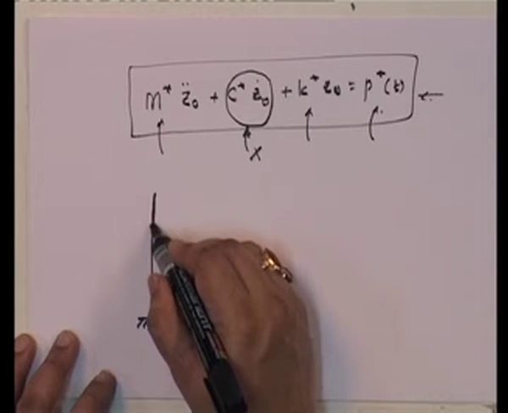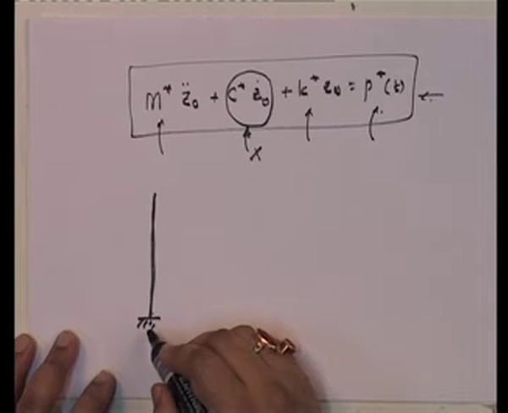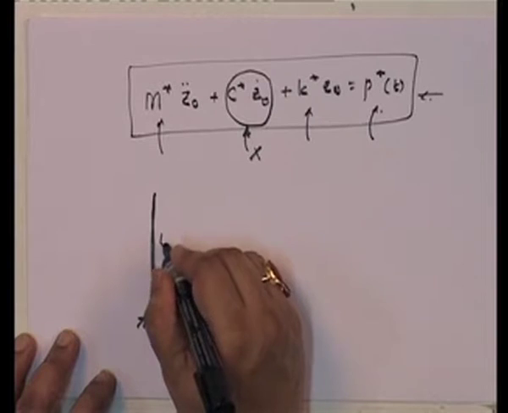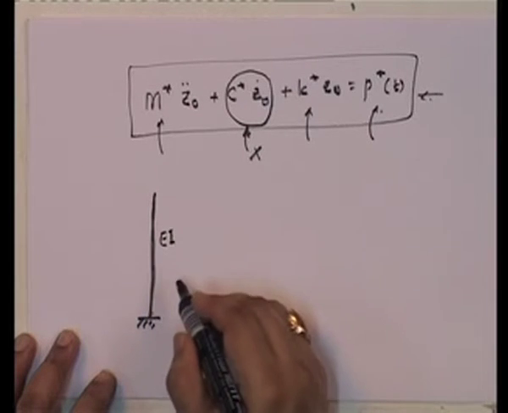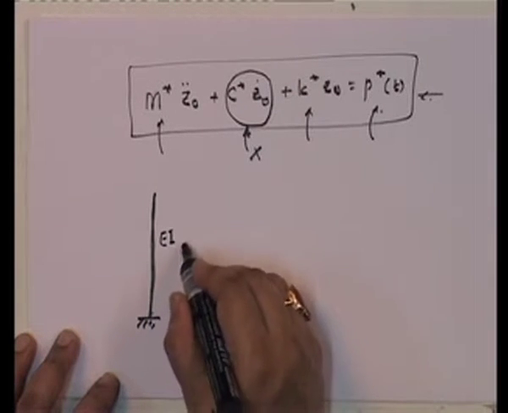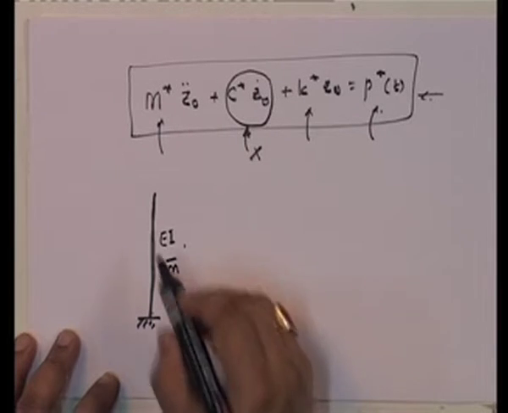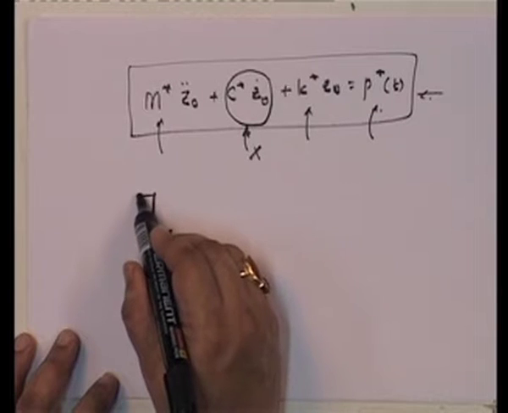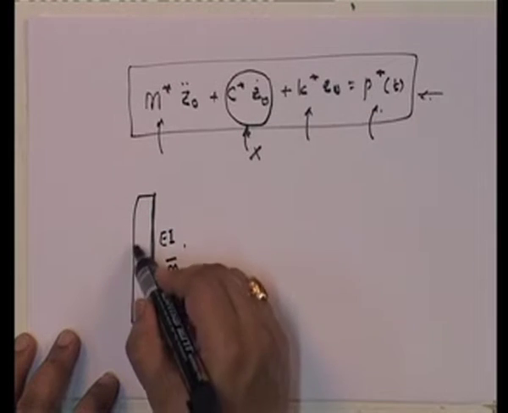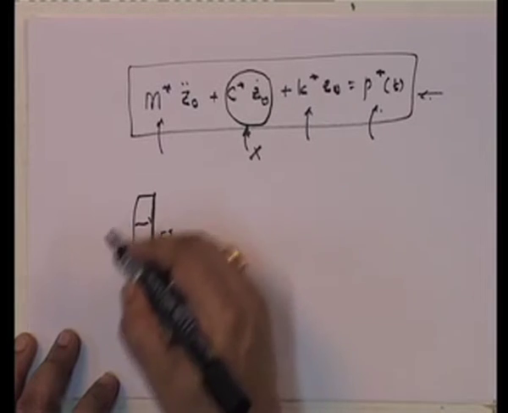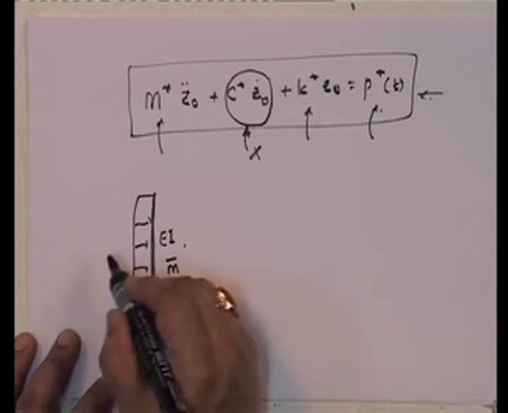Okay. So, let us look at this situation. I am saying that I have this, okay, and let us say that this is EI, its flexural rigidity, and m bar is the mass, okay, and let us say that it is subjected to a load which is given in the following format.